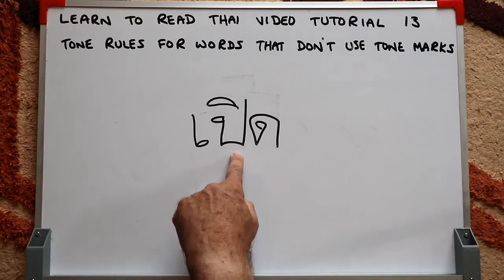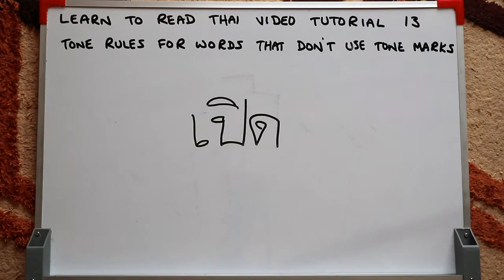So the initial consonant is mid-class. Because the word ends with a T sound, it's a dead syllable. But this is actually a long vowel. So when we go back to the tone rules, a mid-class initial consonant, a dead syllable and a long vowel makes a low tone.